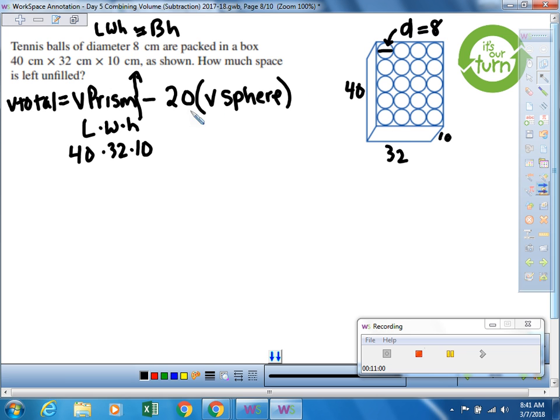All right, so minus, our formula is what? 20 times, and then sphere, 4 pi r cubed over 3.